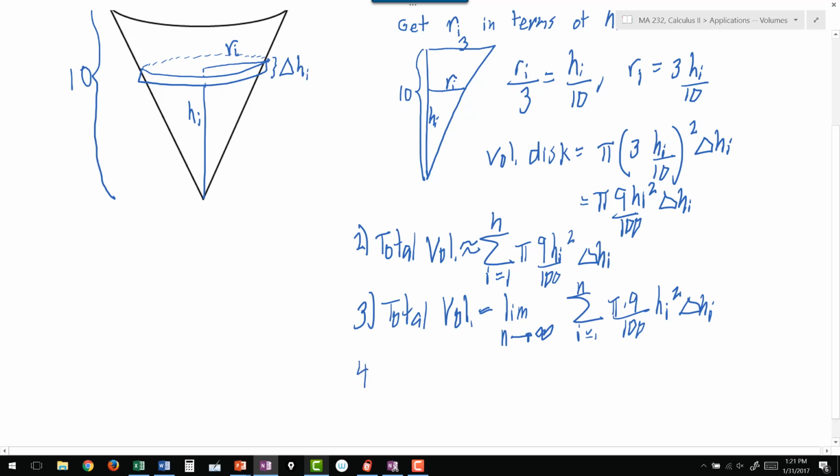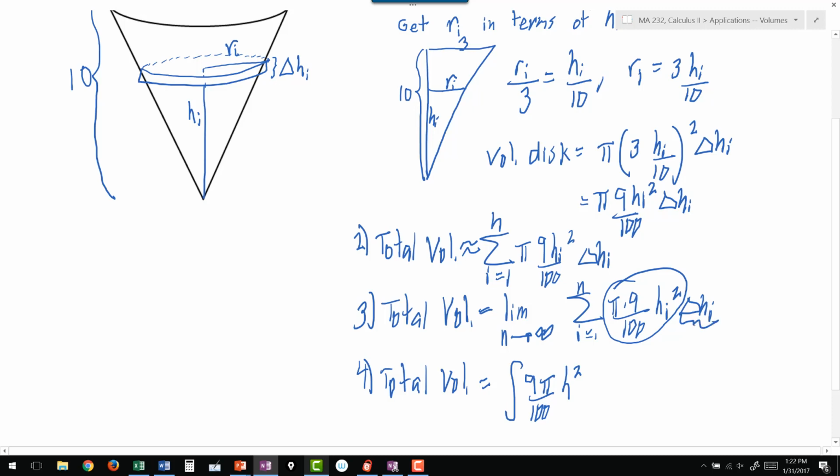From here, we have to recognize that what we've just done is set up a Riemann integral, so that my total volume we can think of as an integral of the function that's inside the sum. So that's 9 pi over 100 h squared.